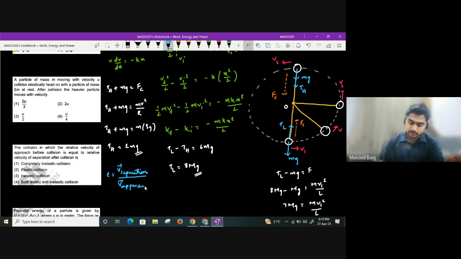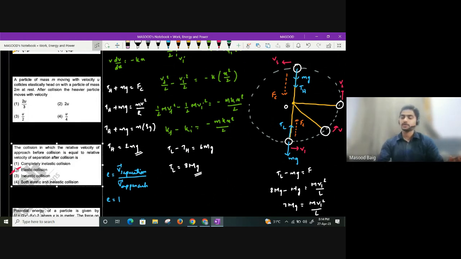Now, they are saying the collision in which the relative velocity of approach before collision is equal to the relative velocity of separation after collision. Are these both equal or not? What will I get as the e value? 1. So in which case are we going to get e value as 1? You can consider elastic collision. Clear, all of you?